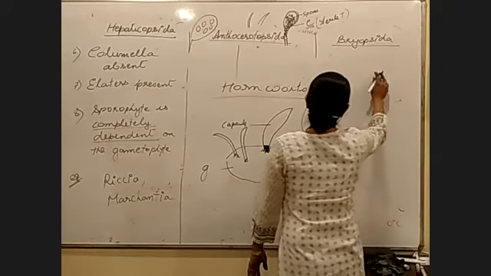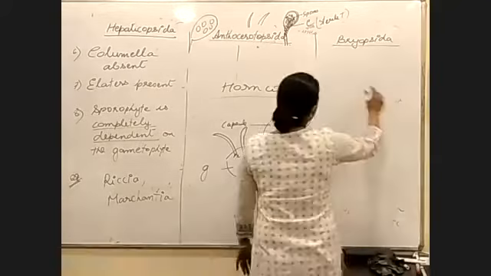Okay. In case of Bryopsida, what we have used is a word called foliose. Remember? Next, what we said, the sporophyte consists of all three parts: foot, seta, and capsule. So if you talk about leaves, the main body is the gametophyte.